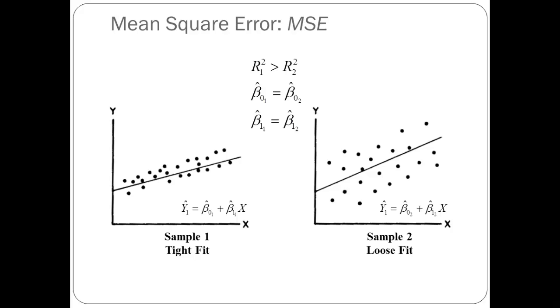A coefficient of determination of 1, on the other hand, implies perfect predictability. If we know a value of x, we can predict with no error the value of y. And as I've noted other places in the course, you'll never find that in the social sciences unless you've made some kind of error.